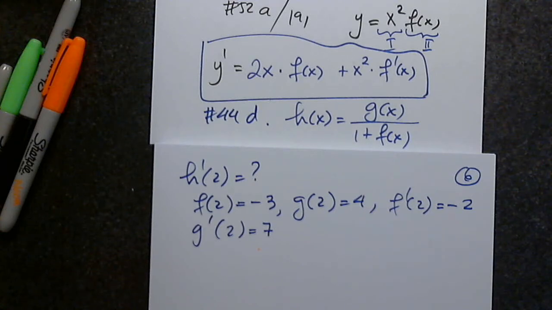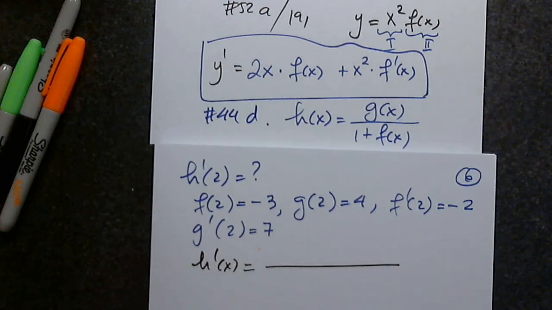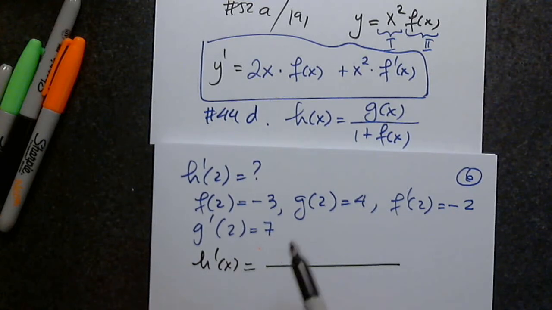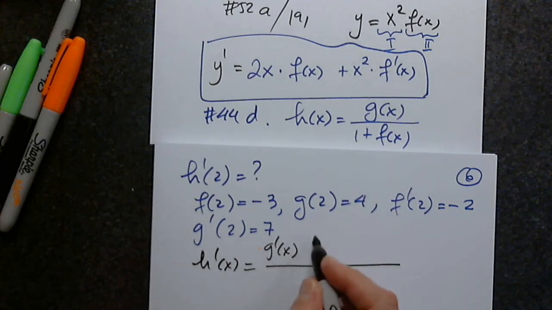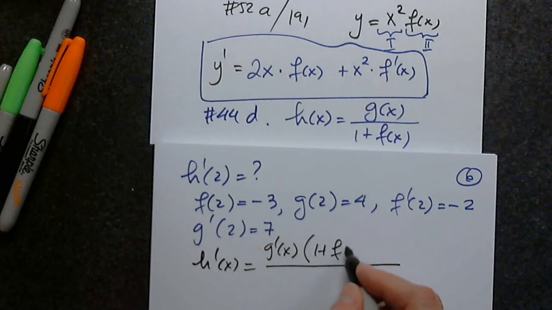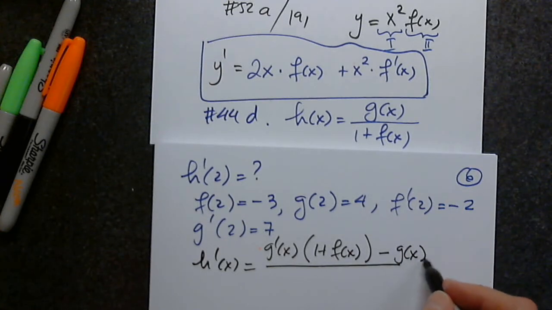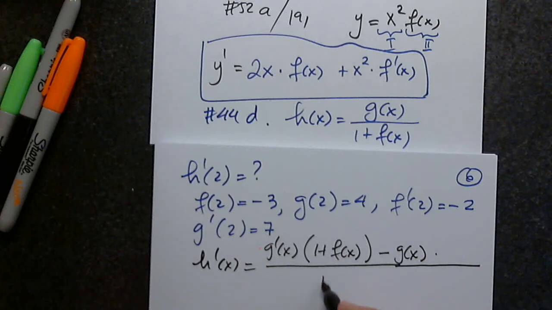How do I address this question? Yes, I have to find h prime of x first. I cannot plug in anything before I find the function, which is h prime. So let's differentiate the top. Then we get g prime of x multiplied by the denominator minus the numerator times the denominator prime, over the denominator squared.